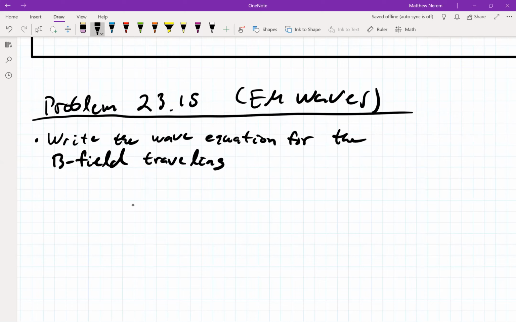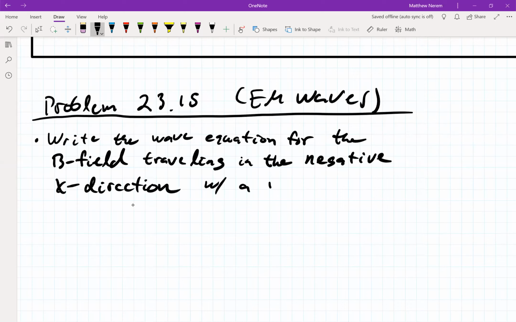It's traveling in the negative x direction, with a wavelength of lambda equals 2.0 meters.